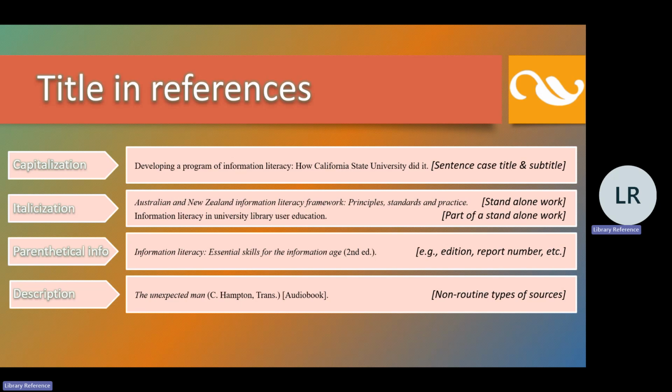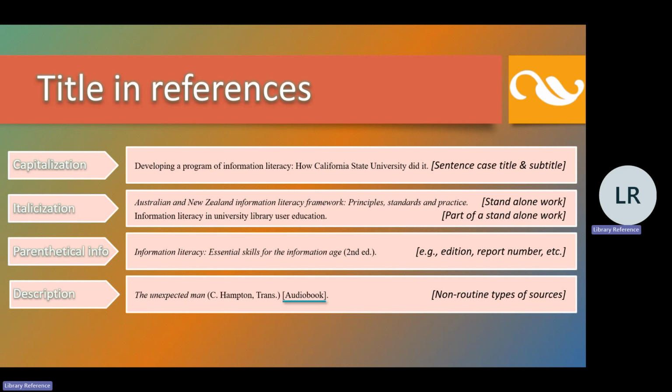Since an audiobook is not a very common type of book, like for instance, a print book or an ebook, what I need to do is I need to provide a description of the type of source in brackets. So what you see at the end of the title is a bracketed description of the type of work, in this case audiobook, just to make sure that the reader understands what type of a source this is.